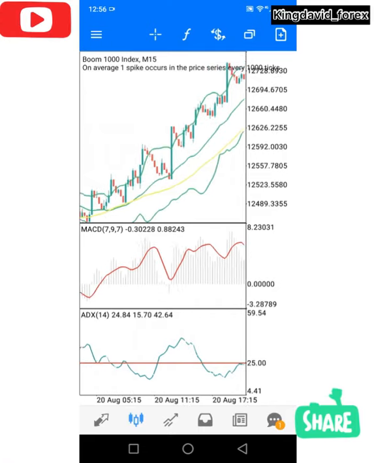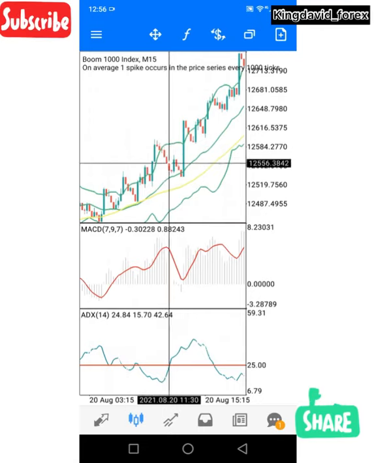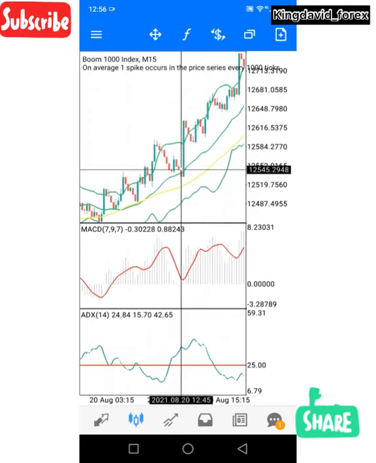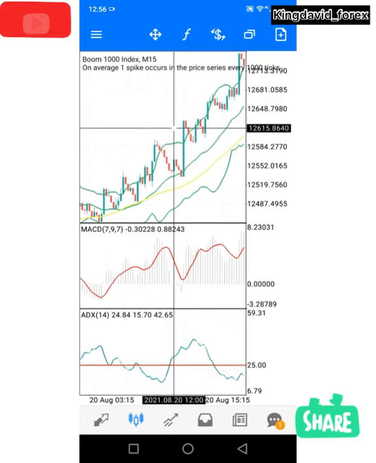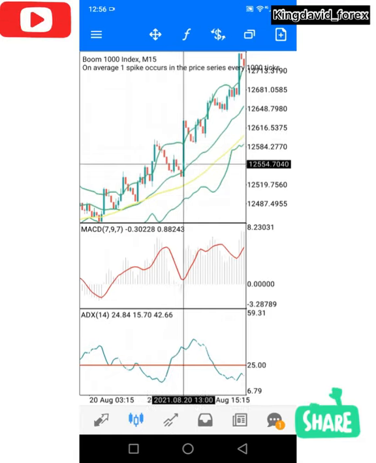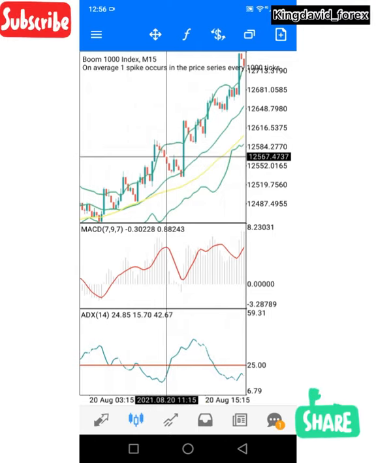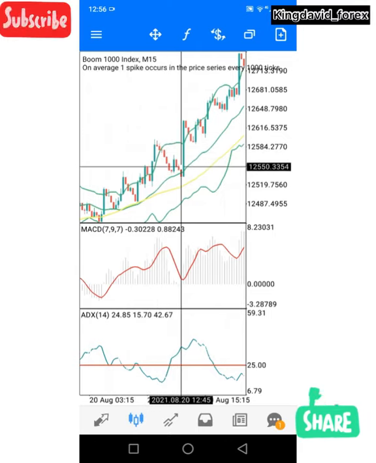Just like this place now, you can see that when there was a sell here, let's say you're looking for a buy condition. Why? Because this is moving average 48, and already candles are above it. That signifies an uptrend, so what you're looking for is a buy.